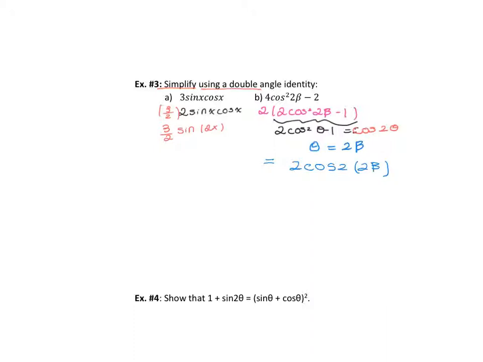Because you said up above that theta is equal to 2 beta. Yeah? You're using substitution right there. And so 2 times 2 beta is 4 beta. So your final answer is 2 cosine 4 beta.